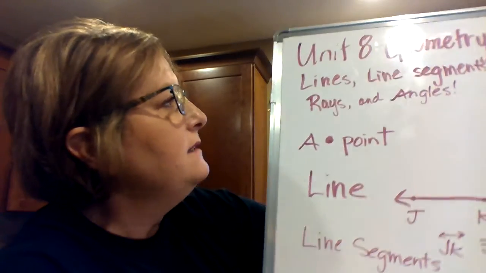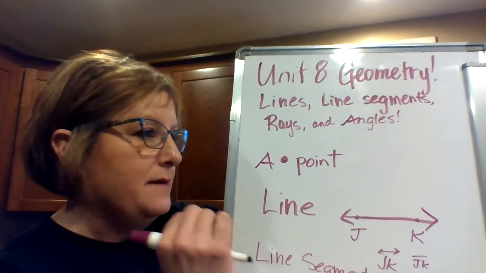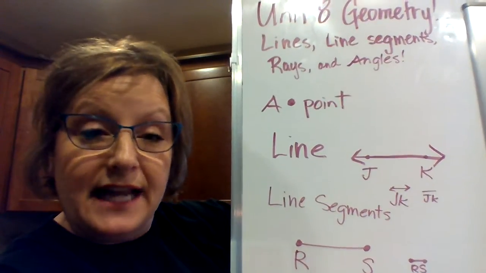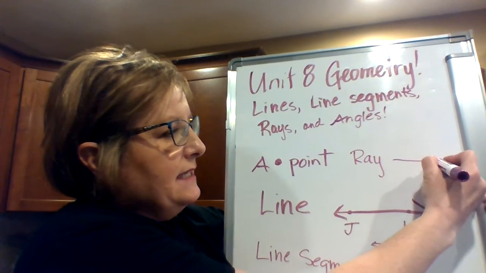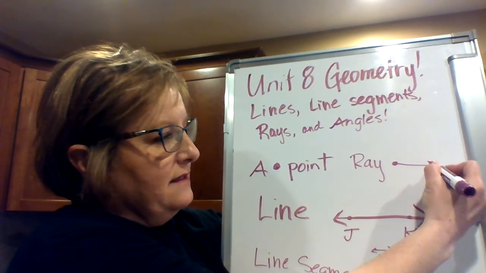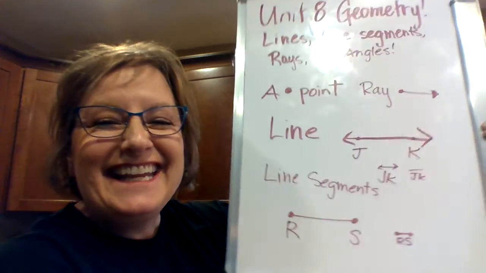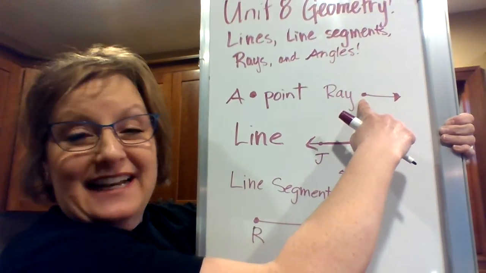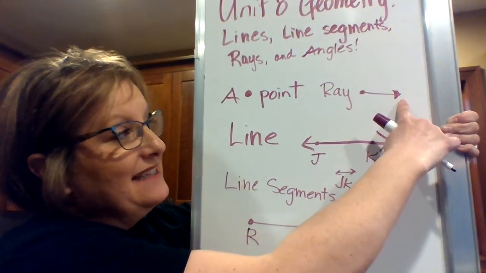Now, the next word we're going to talk about is a ray. And a ray is kind of like part of a line and part of a line segment. So here's a ray. Notice as I draw this, what do you notice? It is like a line segment because it has an endpoint, but it's also like a line because it has an arrow.